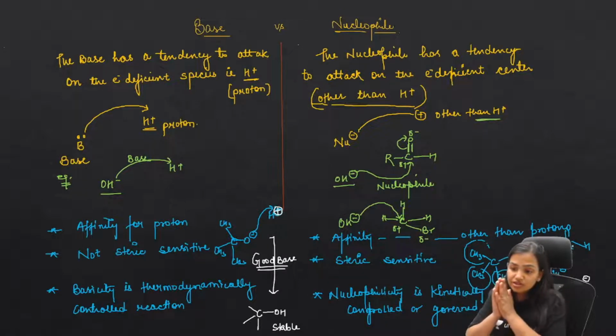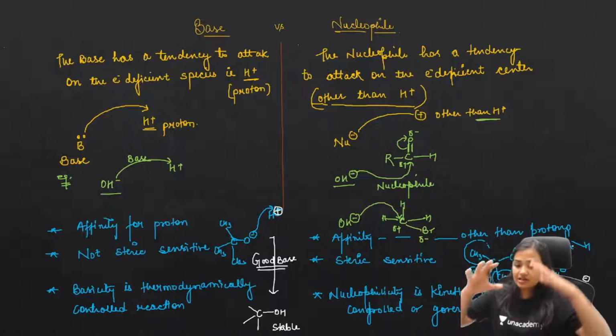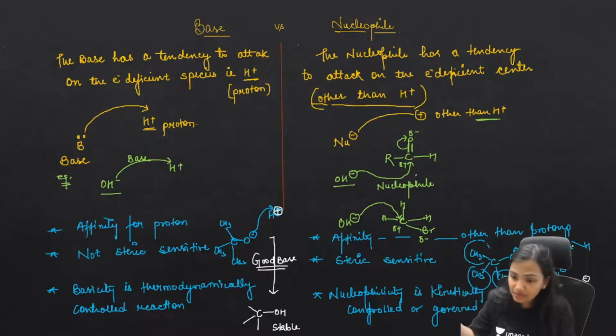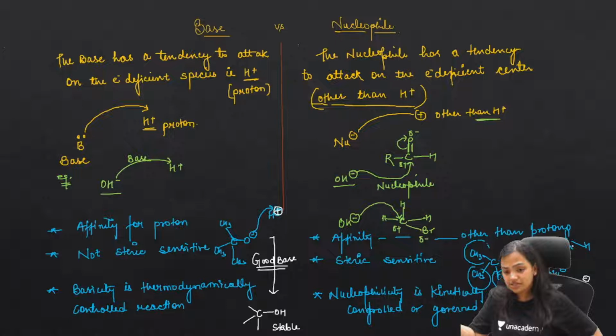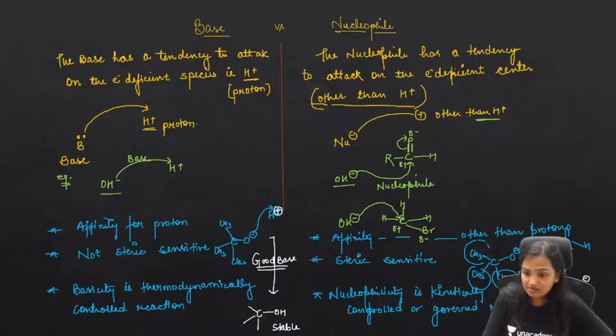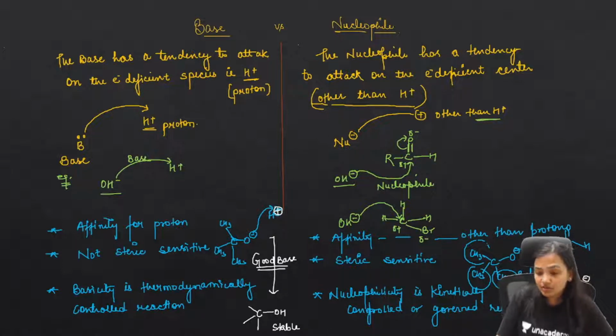Will there be a formation of a stable product? No. If kinetics allows, then only the rate of reaction increases and you will get a stable product. If the geometry of the molecule is not allowing, then you will not get a stable product. So this is the kinetically controlled or governed reaction.